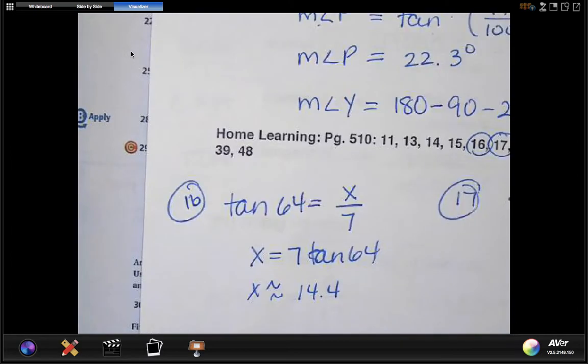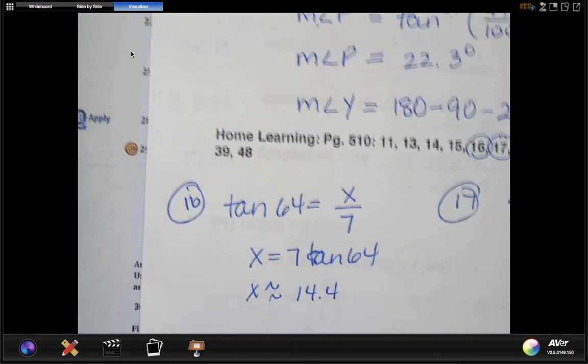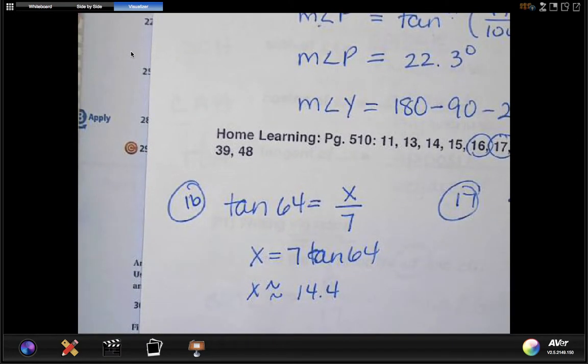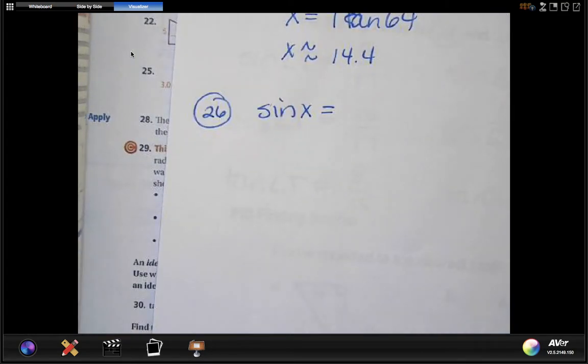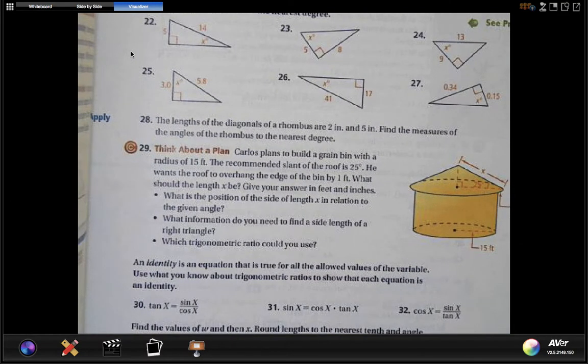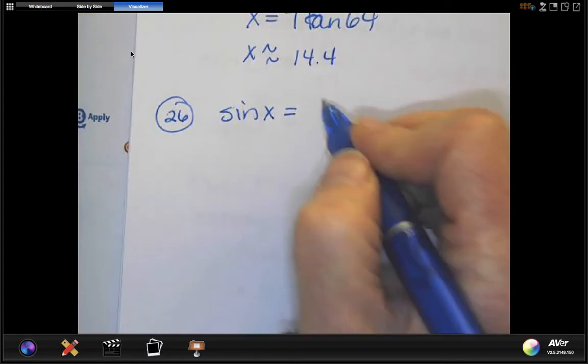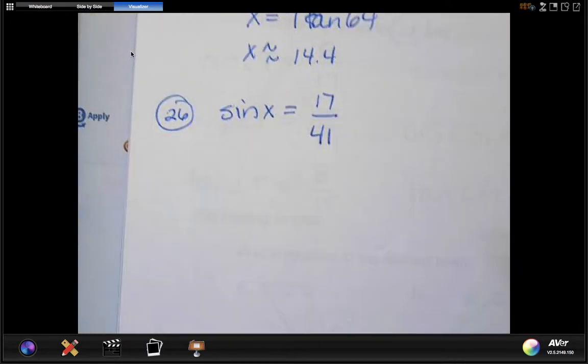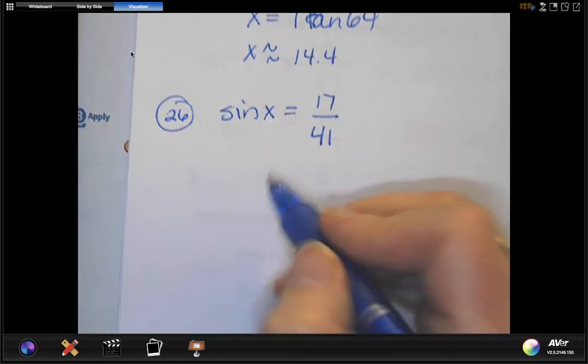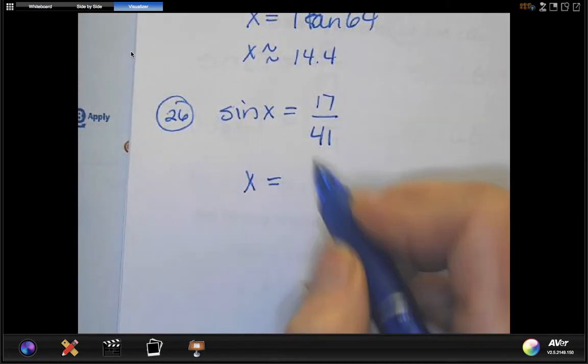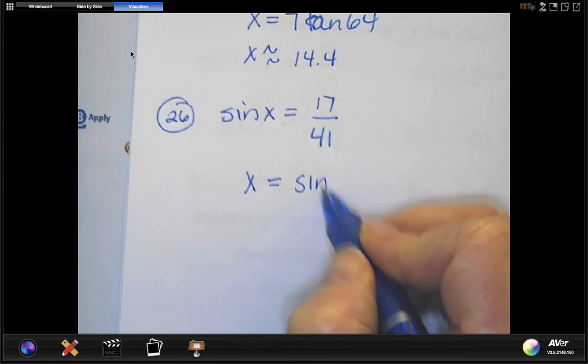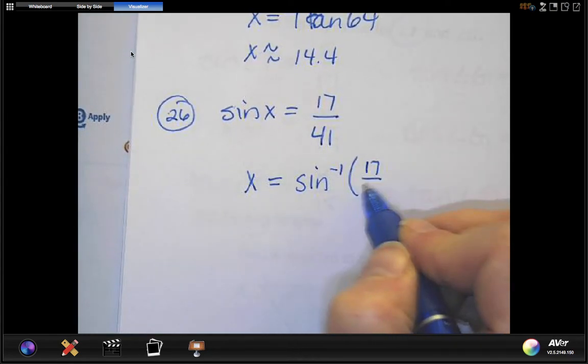So the sine of x is equal to the opposite. In this case, in 26, the opposite of x is 17. The hypotenuse is 41. So 17 over 41. I will be using the inverse function. So x is going to be the sine inverse of 17 over 41.